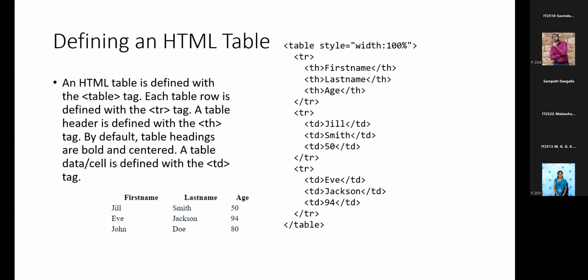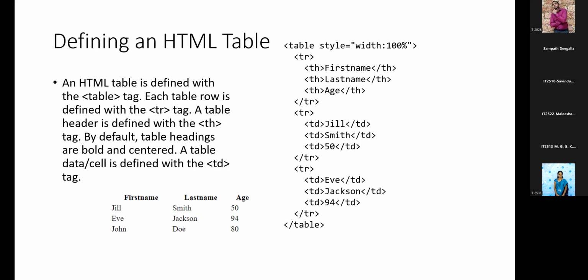There are four tags you should be familiar with when you're creating an HTML table. We have a table tag, which indicates the start and end of the table. Then for each row, we have a tag called tr, which represents table row.